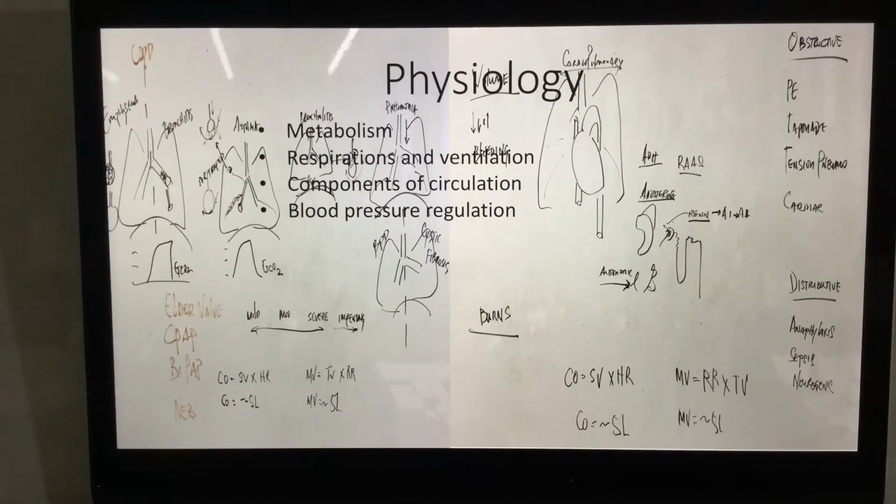At the alveoli, there is a matrix of blood vessels called capillaries, where the exchange of oxygen and carbon dioxide can happen through this very thin membrane.